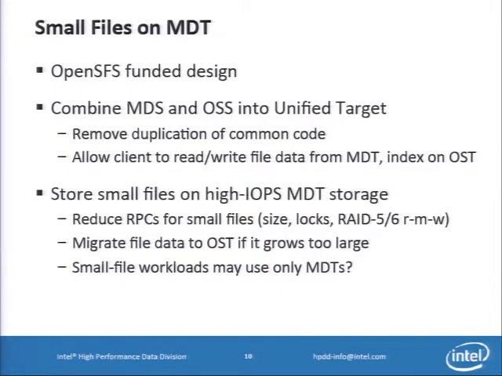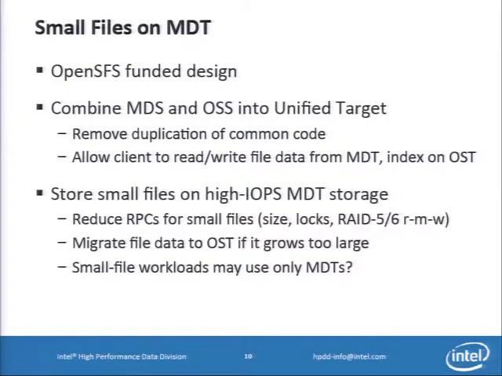Small files on the MDT is another thing that we believe is important, so that you are able to reduce the overhead for access to those small files. Right now, those operations are way too expensive. You need to speak to multiple servers, obtain multiple locks on multiple targets, and so in general, it's quite slow.